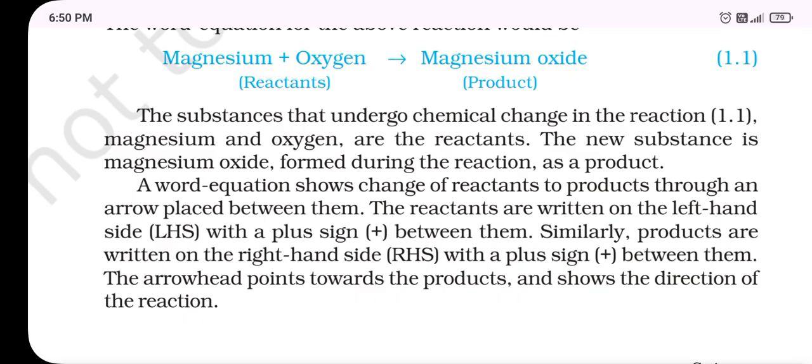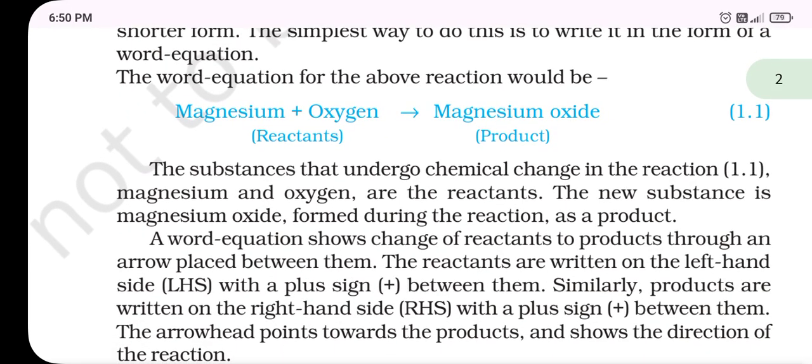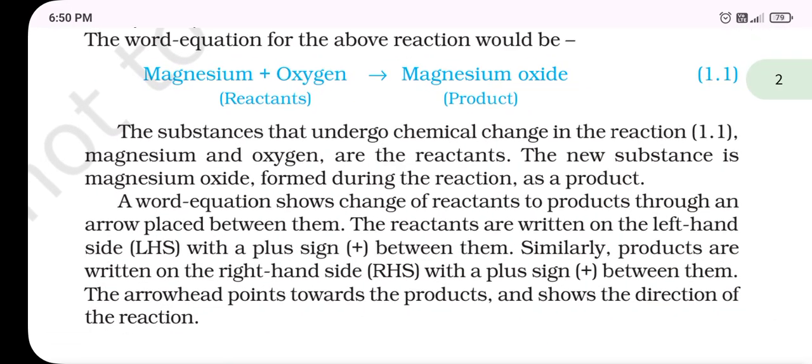Here it is a plus sign between the magnesium and oxygen. Here there are two reactants, magnesium and oxygen, so we have to write them with a plus.